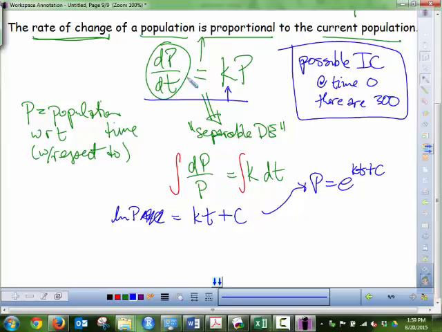It looks very close to what we were saying, except we are supposed to have a coefficient in front of e to the kt. But it turns out that e to the kt plus c is the same thing as e to the kt times e to the c. And, well, why don't we just call this p sub 0.